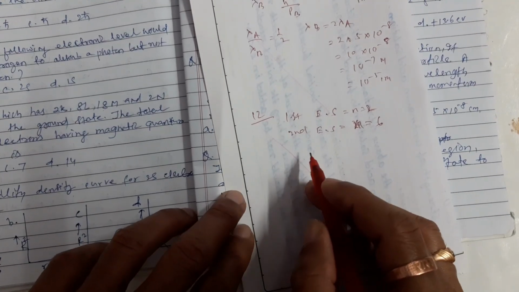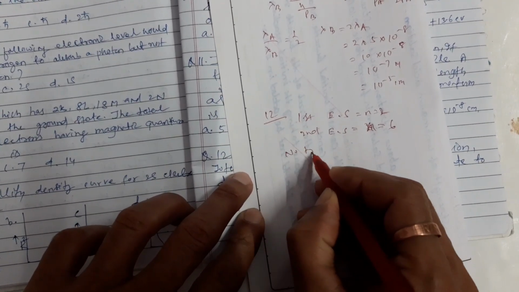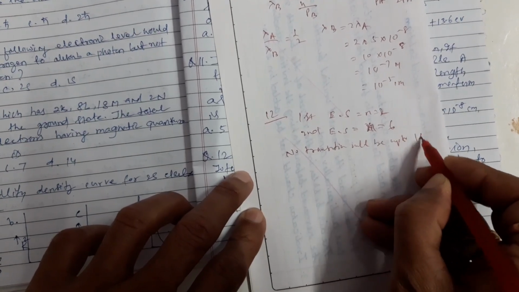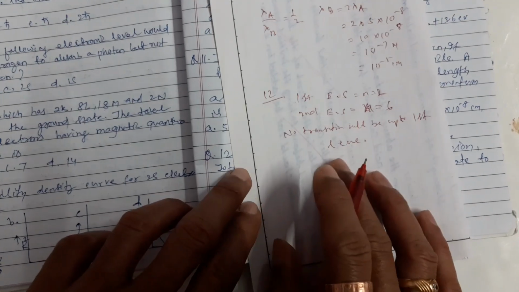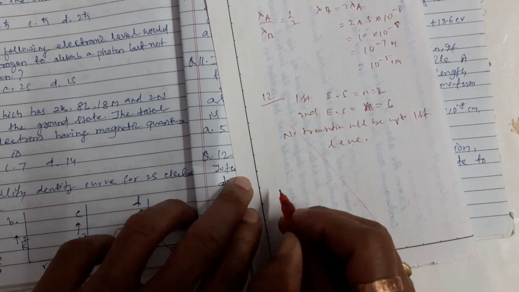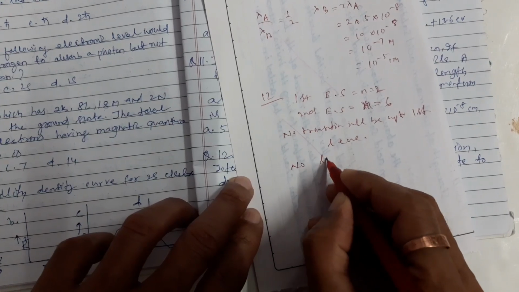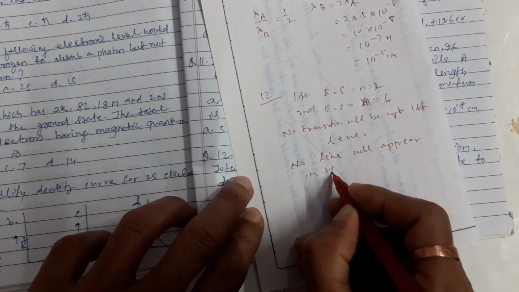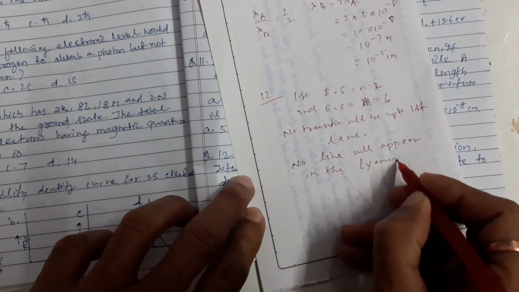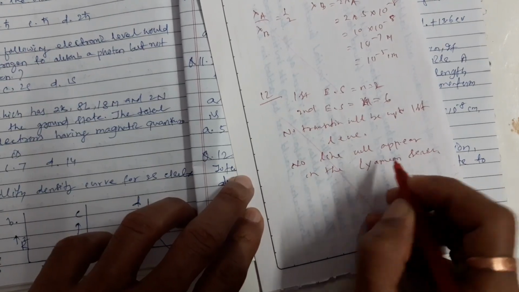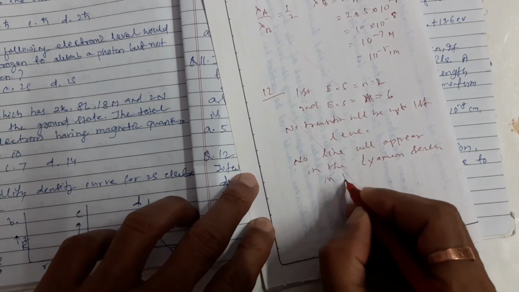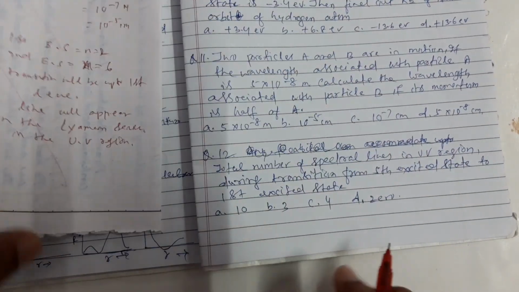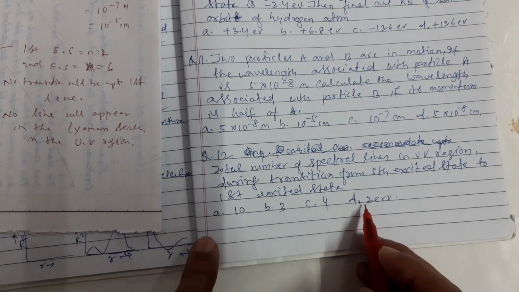Because no transition will be up to first level, so no line will appear in the Lyman series, in the ultraviolet region. Okay, students. So choice D is the correct answer. It is 0.